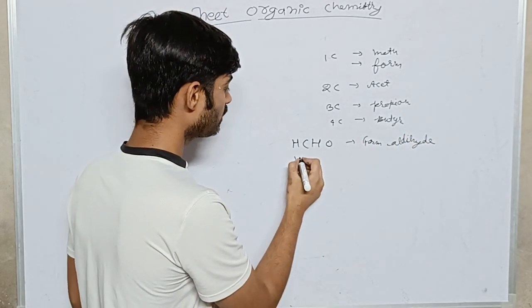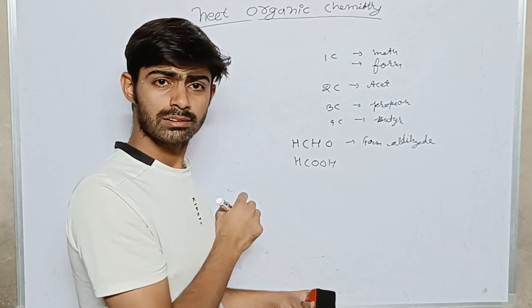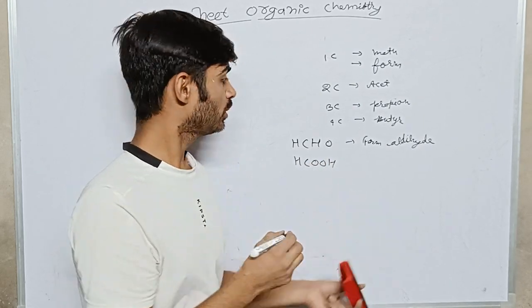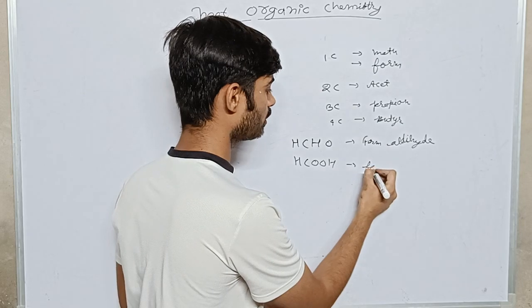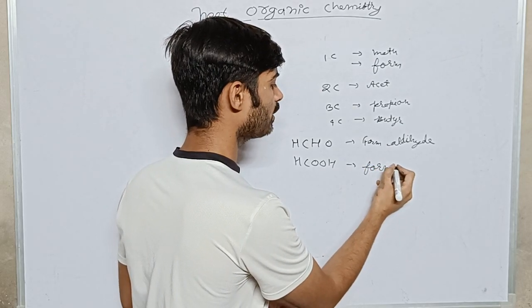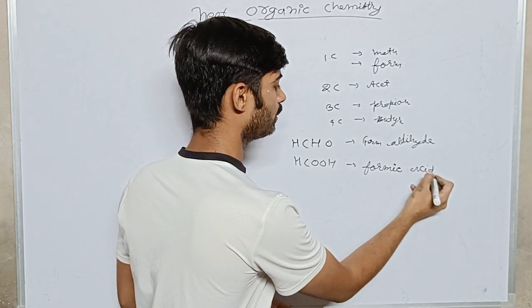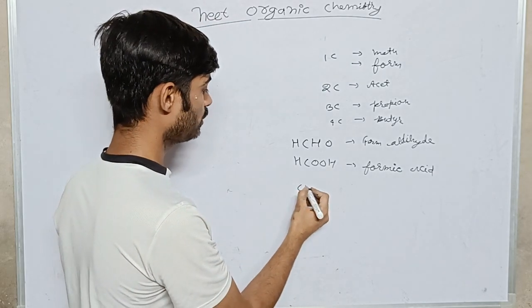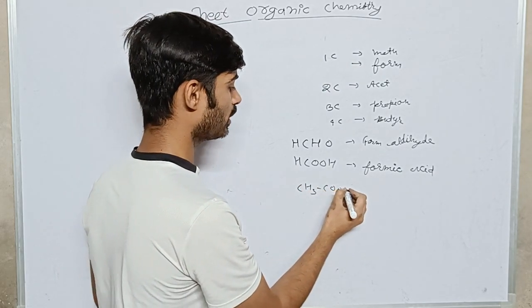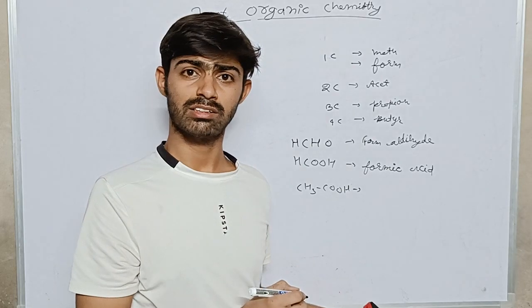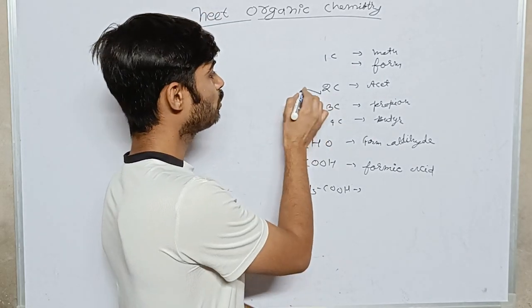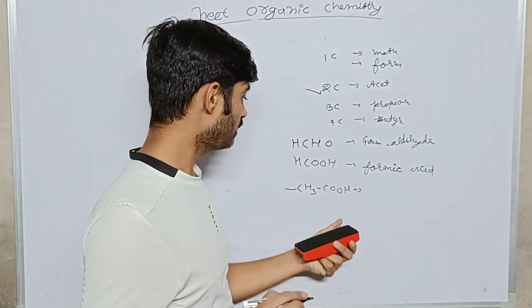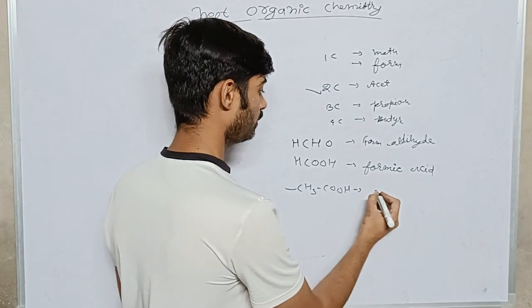Next one, HCOOH, is formic acid. CH3COOH is called acetic acid. Why is this called acetic acid? Because two carbon is acet, and oic acid, acetic acid.